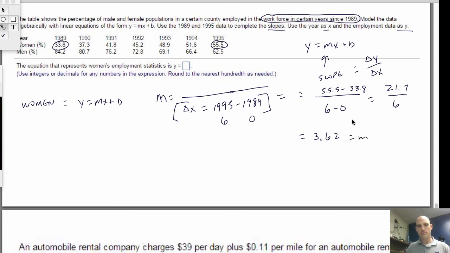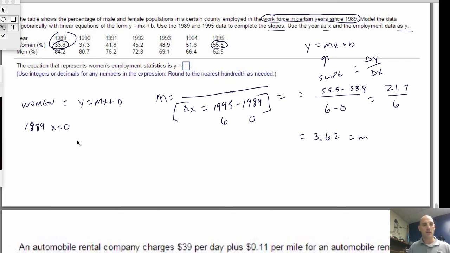That's my slope. And so if I'm trying to figure out y equals mx plus b, I need to plug in a point, right? If I can plug in a point, that's going to give me my extra y and my extra x. And so I'm going to use 1989, because at 1989, x equals 0, because that's the year since 1989.